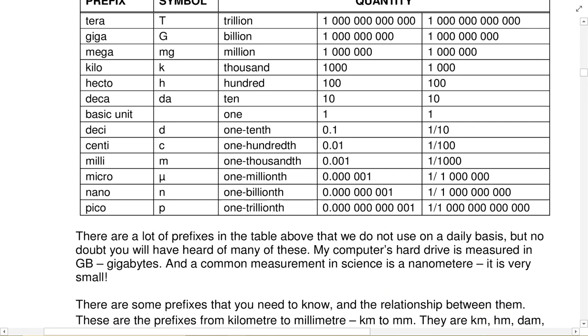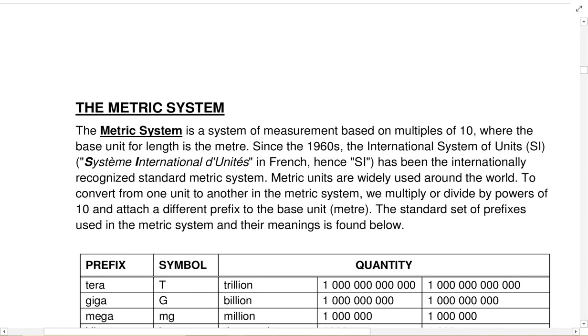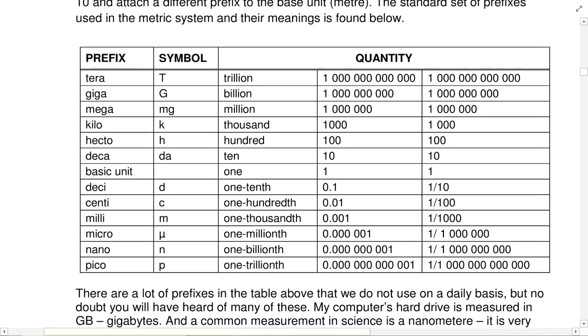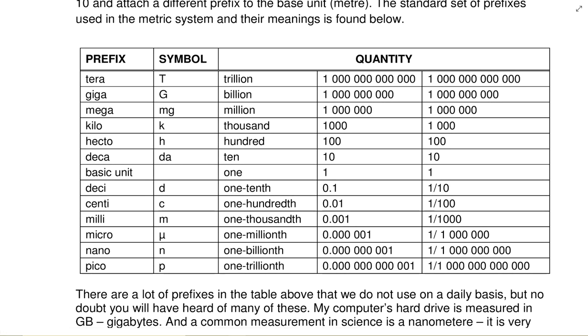So the rest of our lesson is just going back and forth in the metric system. These are all the different types of prefixes that you can attach. So what would you attach it to? Well, your base unit, which would be meter if you're measuring length, liter if you're measuring volume, and if you're measuring mass, it would be the gram.